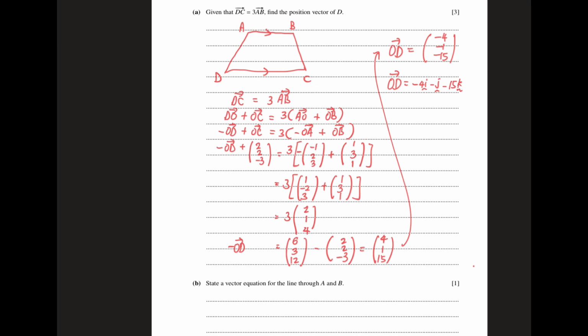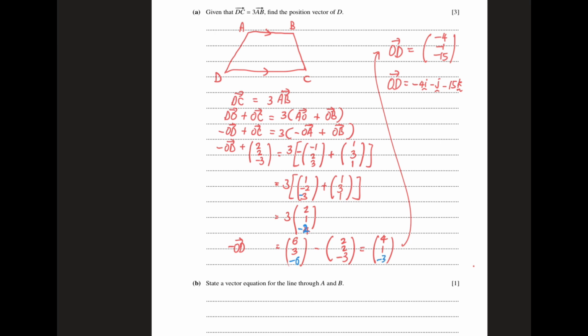So there is a mistake. The mistake is here. This should be negative 3, negative 3, 1, negative 2, negative 3, negative 3 plus 1. This is negative 2, times 3, negative 6, minus 3, negative 3.